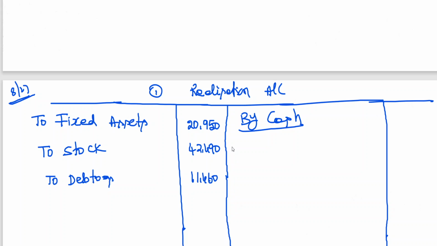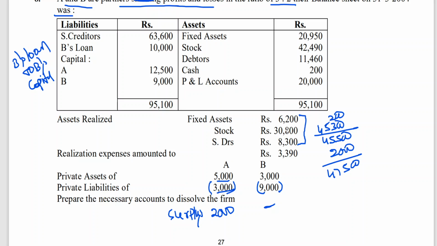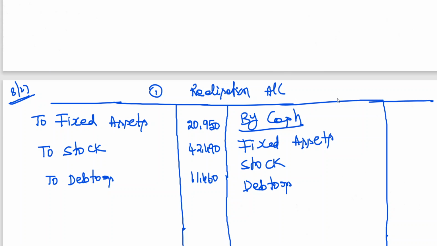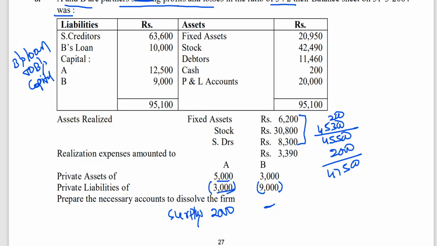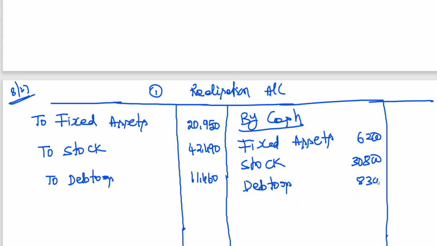By cash. Fixed assets 6,200. Stock 30,800. Debtors 8,300. 45,300.